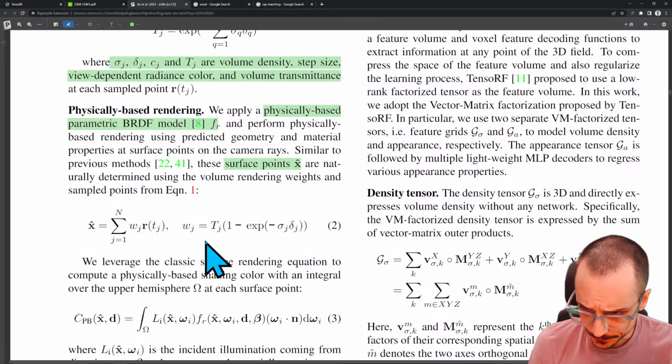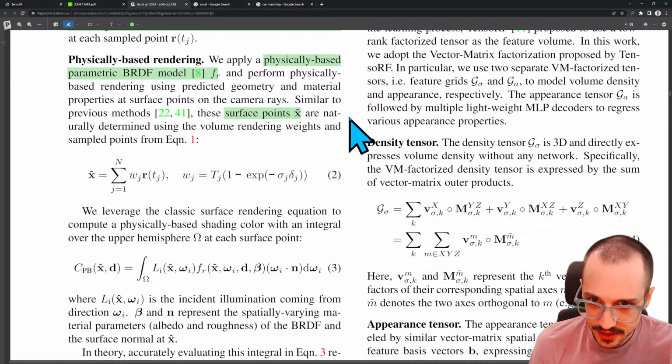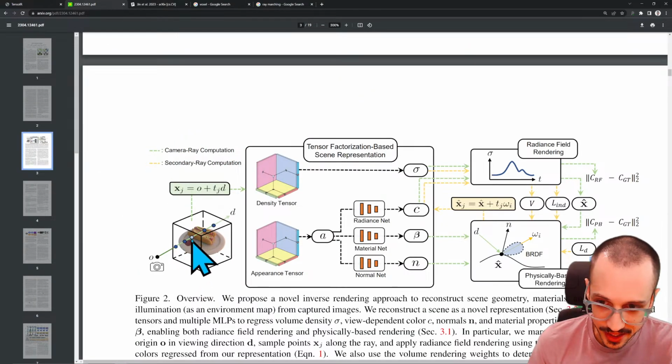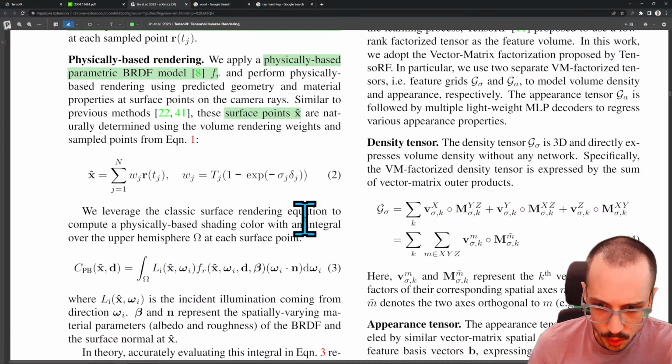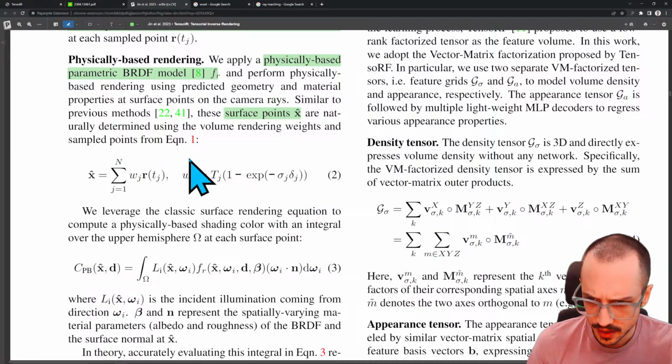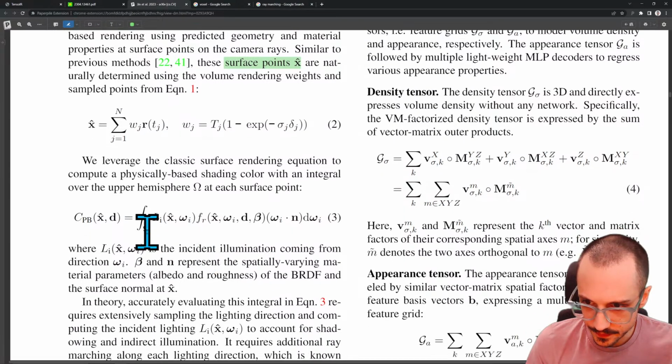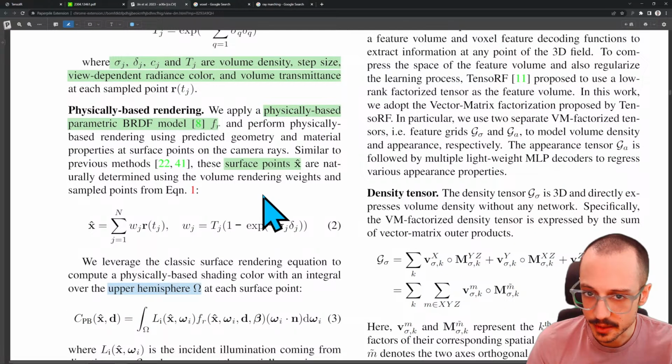Okay, so here, x hat, which is the surface points, is equal to the summation from j equals 1 to n, where n is the number of points that you're sampling along the ray. So n in this image would be 1, 2, 3, 4, 5, so n is 5, but I bet it's a little bit more than that, probably something like 10. And this is the integral over this omega here. What does the omega mean? It means upper hemisphere. Wait up, I skipped an equation here.